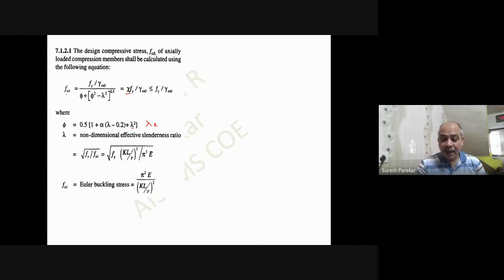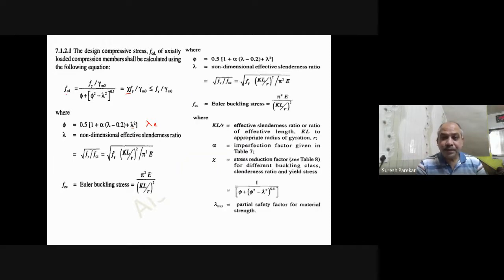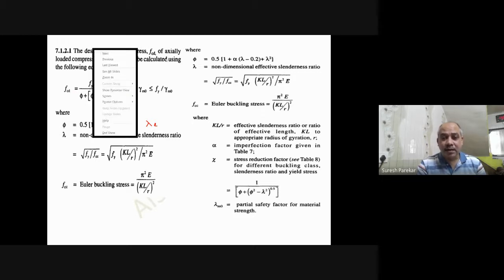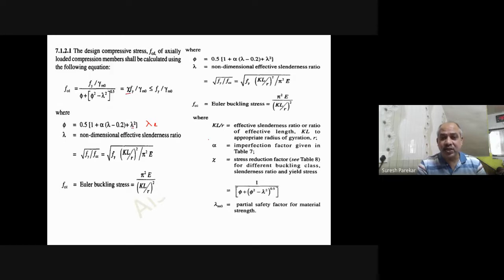So in this way, we have to calculate this value of FCD for single angle, for double angle, or for columns. Now the detail of phi that is given, we have seen this one. FCC, how we are going to calculate, that also we have mentioned over here. And for that FCC, KL upon R, so we know K depends upon the end conditions of the column. Alpha, the imperfection factor, I already mentioned in table 7.